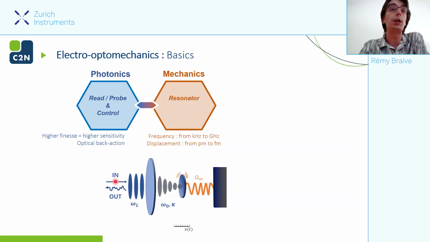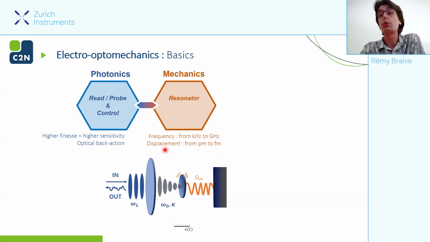But in order to make it efficient, you need a really high finesse of the optical cavity. For the mechanical part, you can use different kinds of systems, which may range from the kilohertz to the gigahertz.